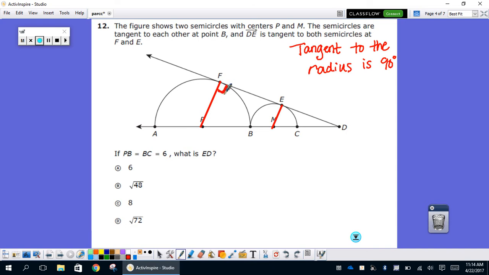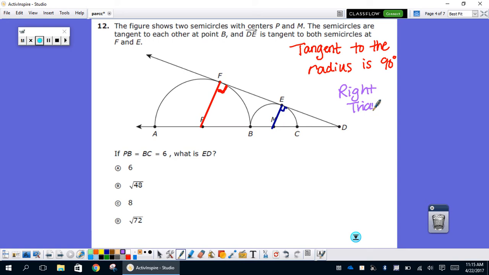Okay, so I'm going to do one in red, and then I'm going to do one in blue. Okay, so we have 2 radiuses that make a right angle with the tangent. So you're also going to be thinking about right triangles.